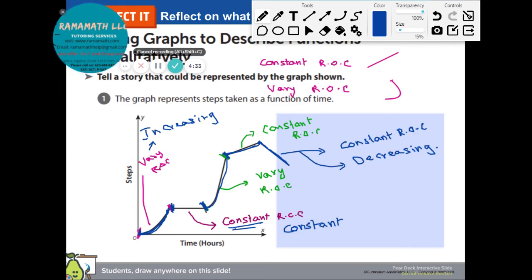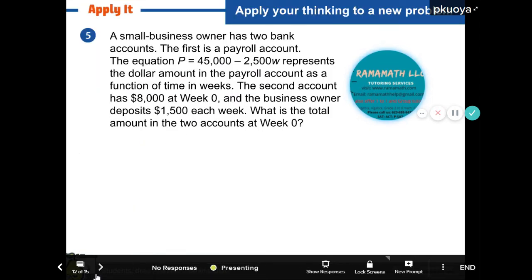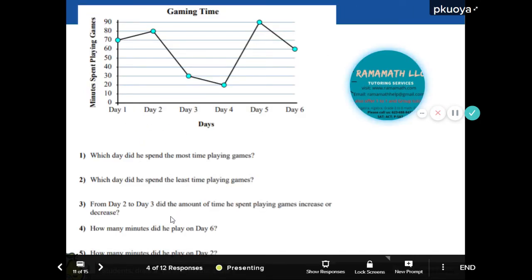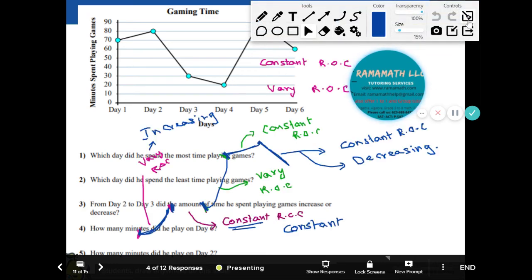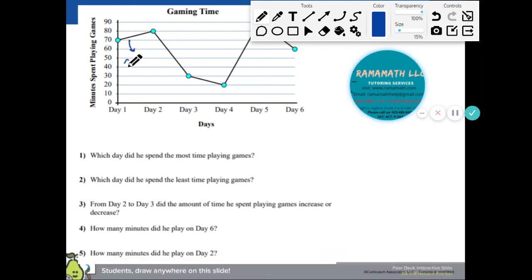Alrighty, let's do the next one. Now, if I look at this graph, just like we discussed, you can see the graph starting from here to here is constant. I can say constant ROC, but this is increasing.